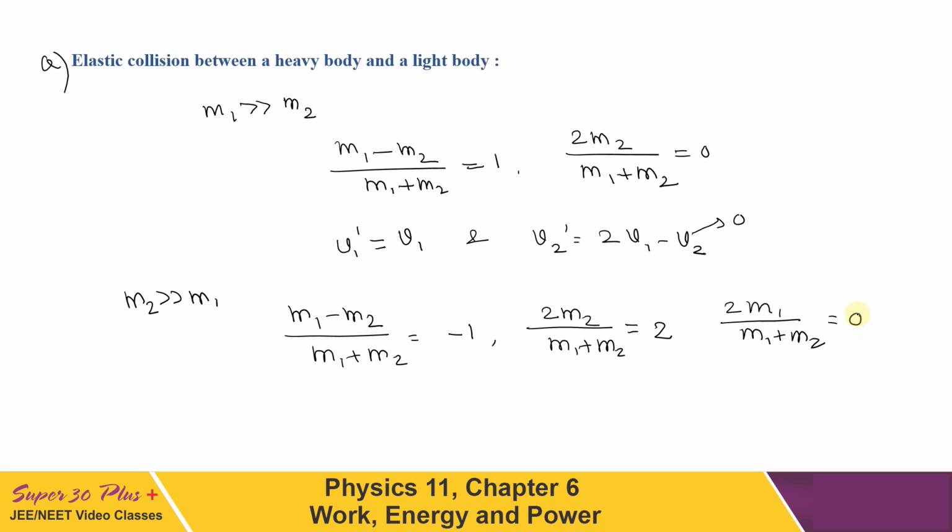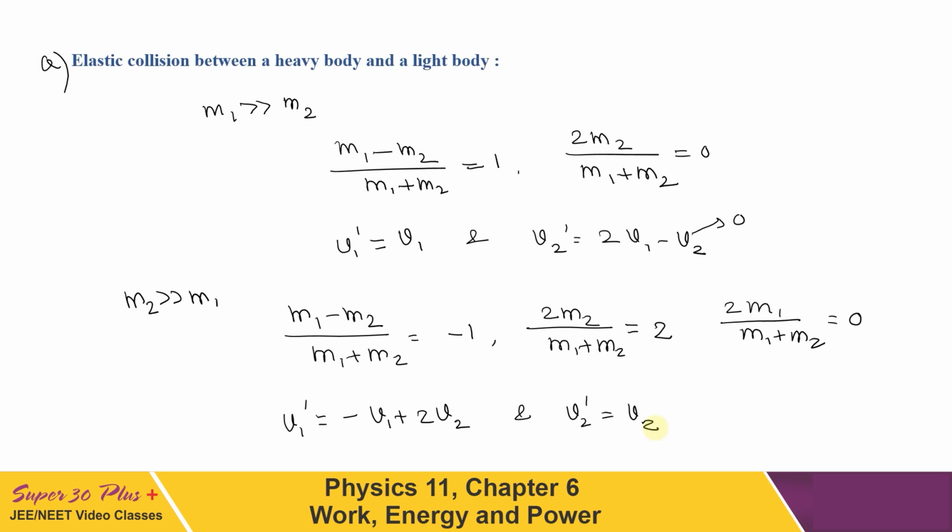So final velocities now can be written as v1 dash equal to minus v1 plus 2 v2, and v2 dash equal to v2. That is, the heavier body continues to move with almost the same velocity, and the velocity of the lighter body changes. If the heavier body were at rest, that is v2 is 0, then v1 dash is minus of v1.